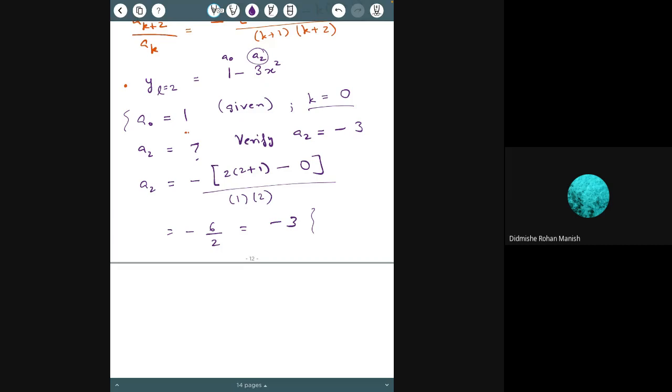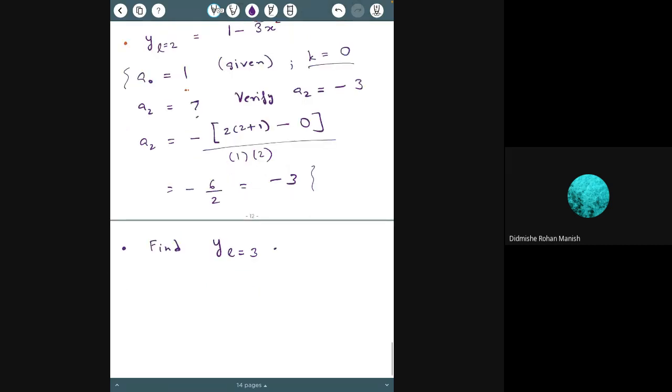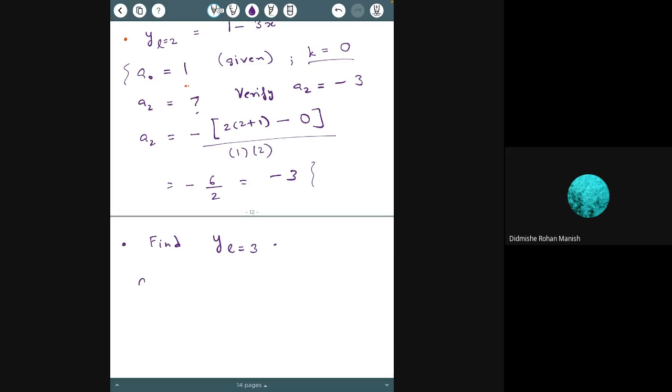Let's see another one. Find y for L equal to 3. For L equal to 3, we have to start with a1, which is also 1. This is given.